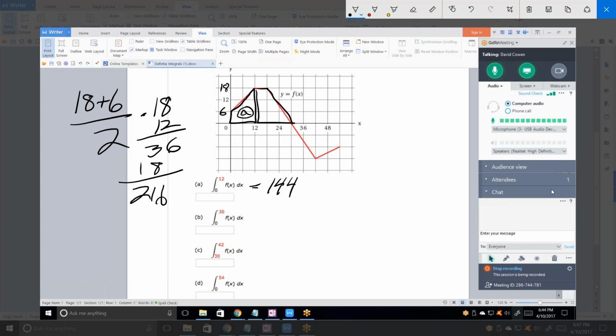Yeah, 216. So the better way to label this is, let's make this 144. Let's make this 216, which makes the area from 0 to 30 the sum of those two numbers, which is 360.